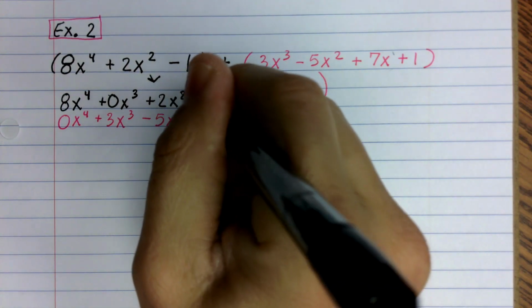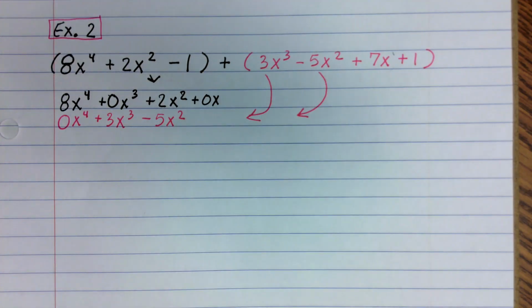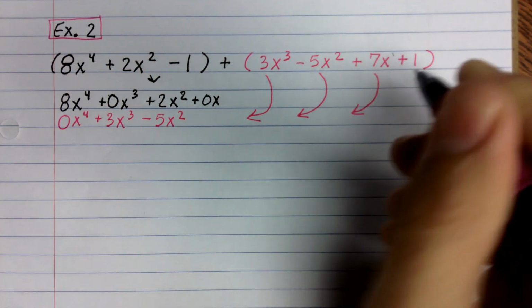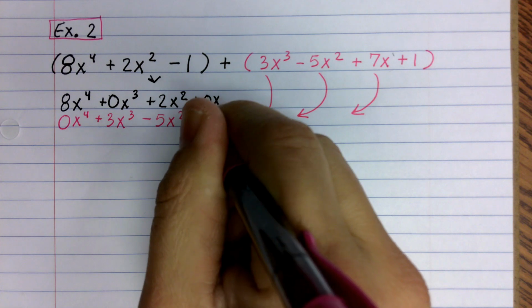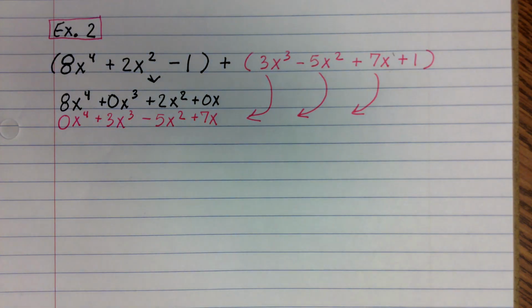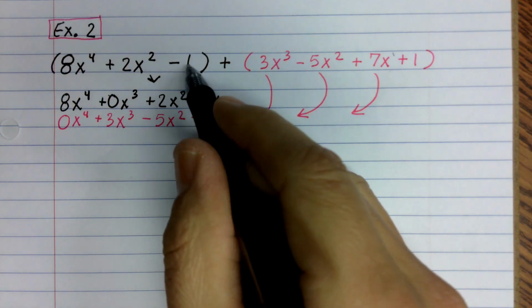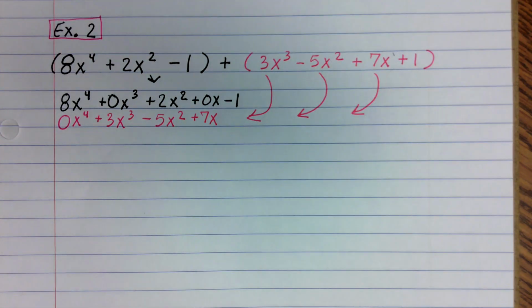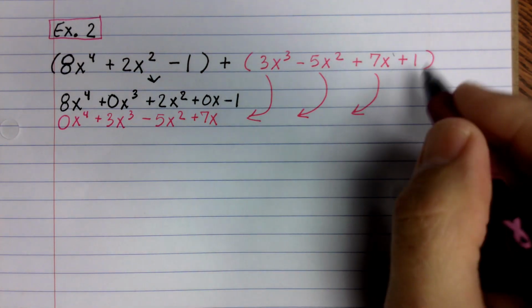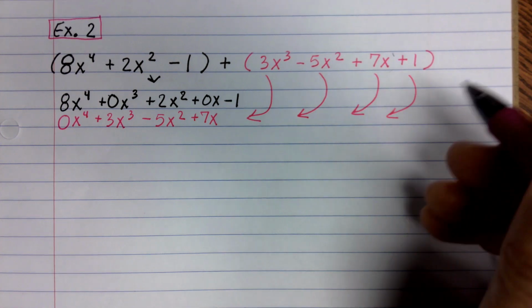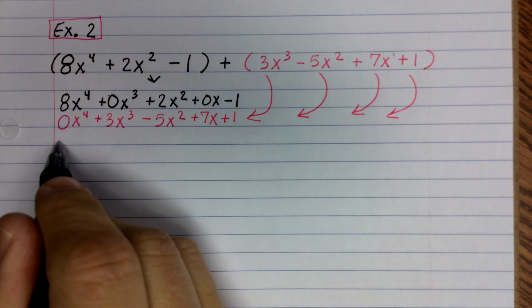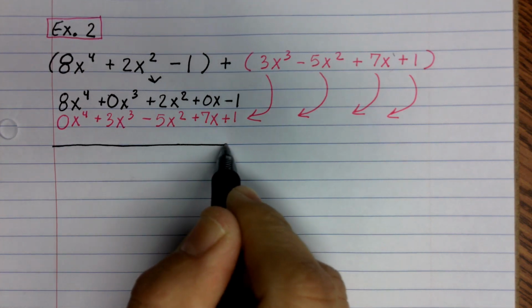I'm just going to put plus 0x, and move this positive 7x underneath it. So plus 7x. Then we have negative 1 for our last term in the left expression, so minus 1, and we have plus 1 in the expression on the right that we're going to combine it with. Plus 1.